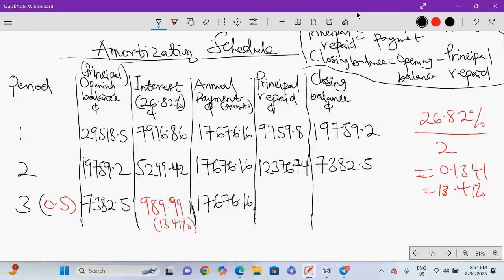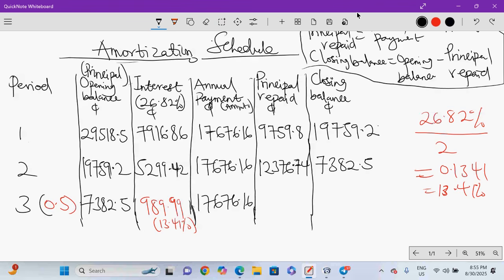What would be our principal repaid? This annual payment, it means it will not be annual, right?